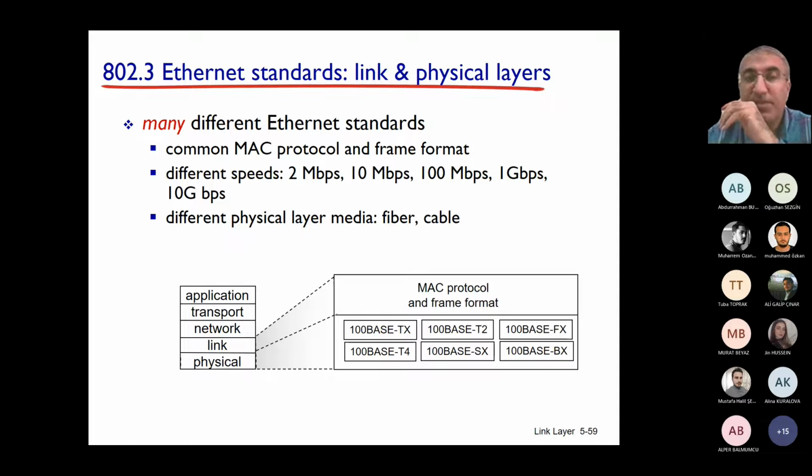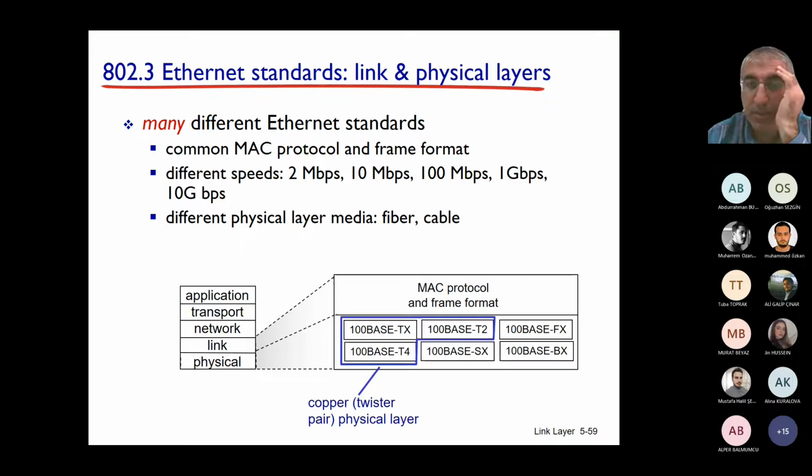They can provide different speeds from 2 megabits per second up to 10 gigabits per second, and they can support different physical layer media such as fiber cable or copper cable and so on. For instance, in this case, we have a standard for copper and a standard for fiber optics.